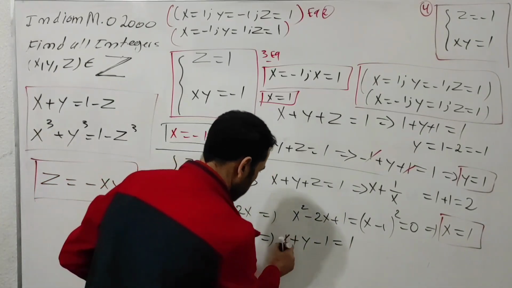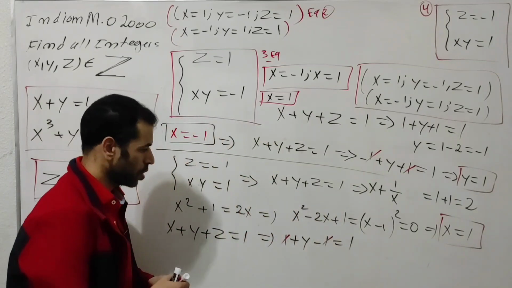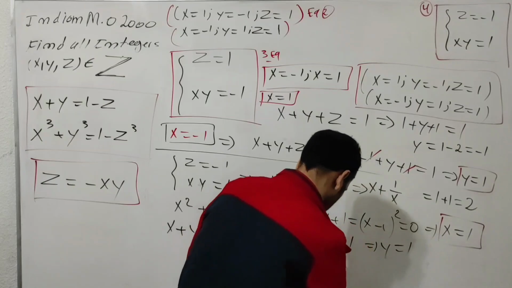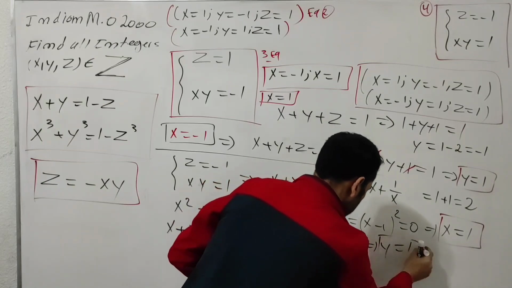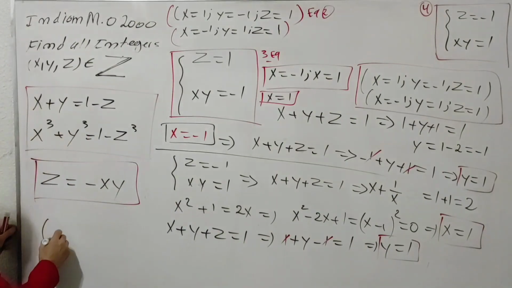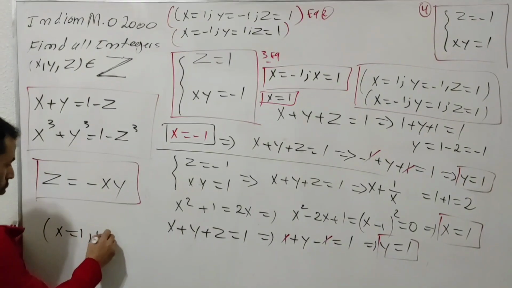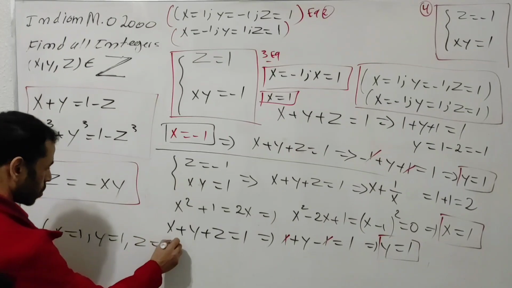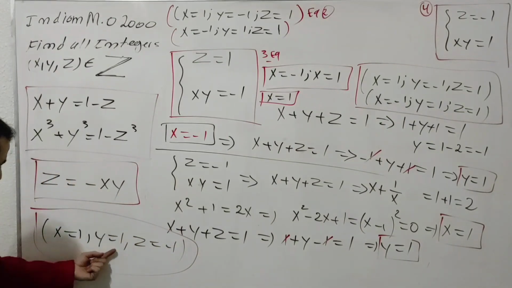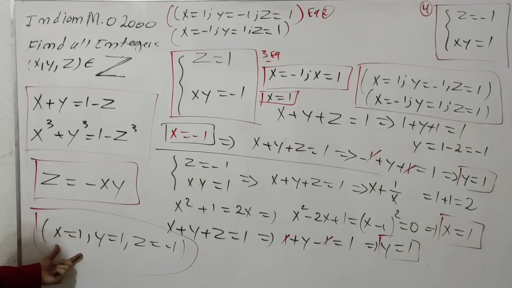So this 1 will be cancelled out with minus 1, and then I will be left with y equals 1. Now I will have the following solution: x equals 1, y equals 1 and z equals minus 1. We don't need to use symmetry here because we have x equals y equals 1. It will be the same.